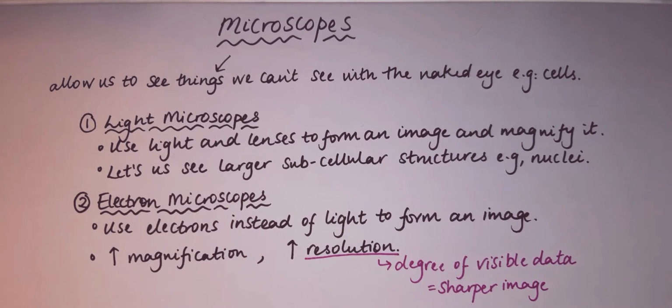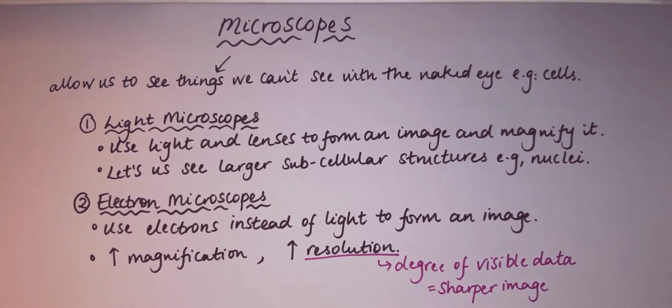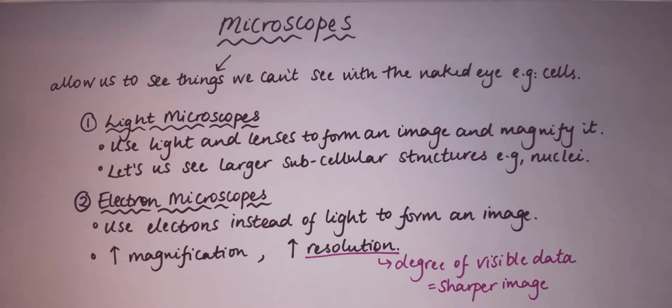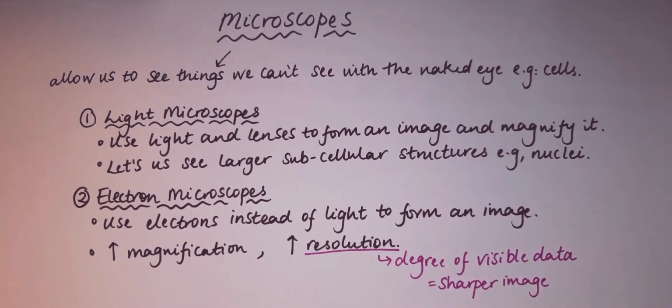I think it's quite important to know the definitions of these two microscopes and what kind of things they allow us to see. For example, an electron microscope, because it has a higher resolution and a higher magnification, allows us to see smaller things in even more detail.